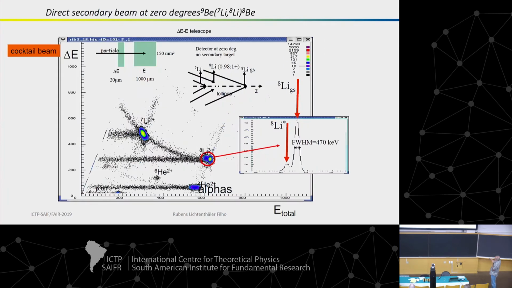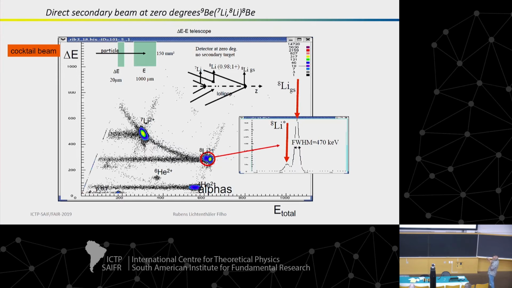This is an identification spectrum corresponding to the previous slide. What we use here is a telescope. A telescope is a set of 2 detectors, one thin detector and one thick detector.